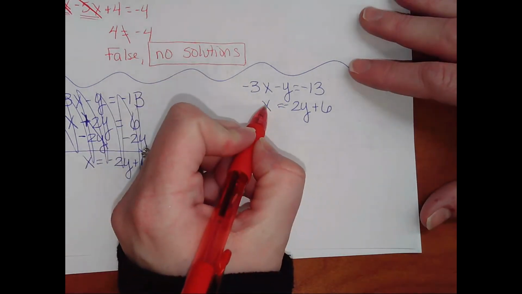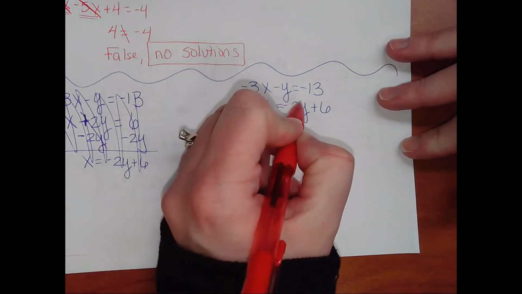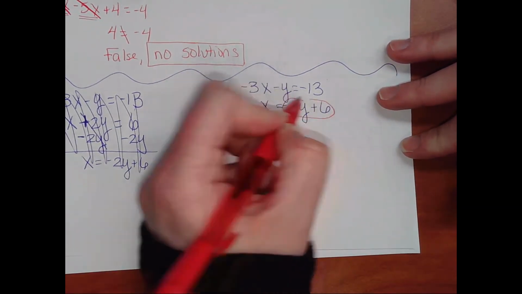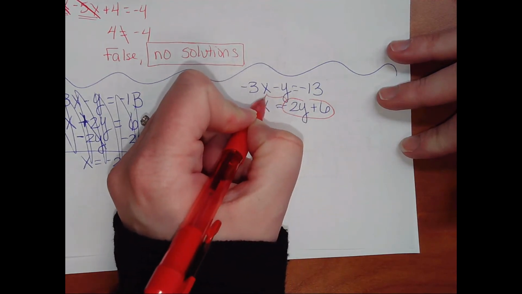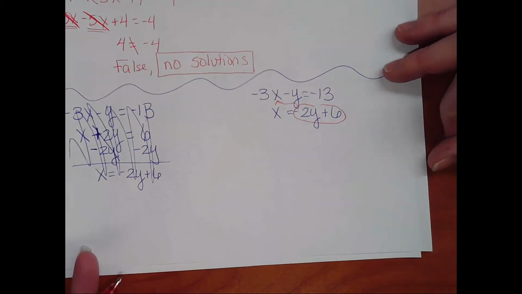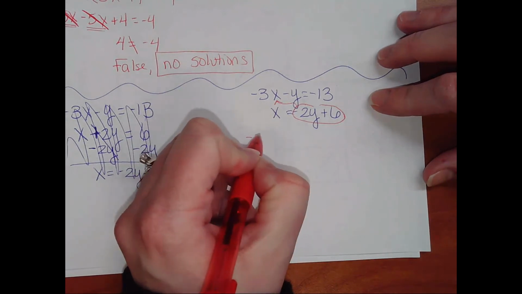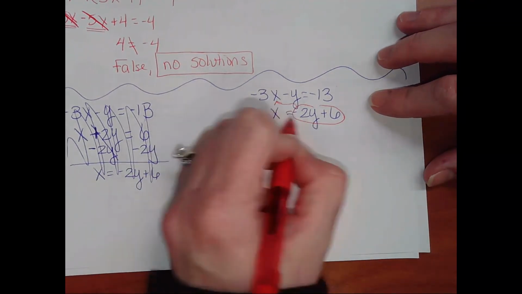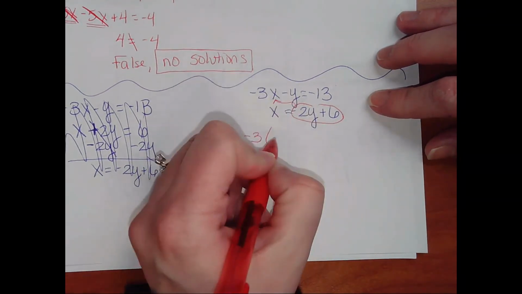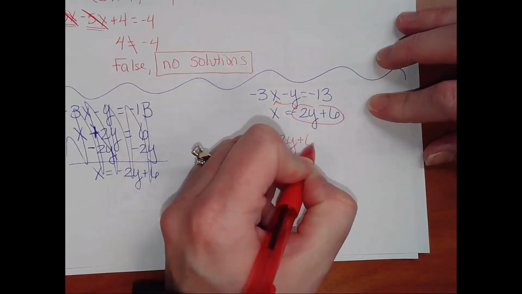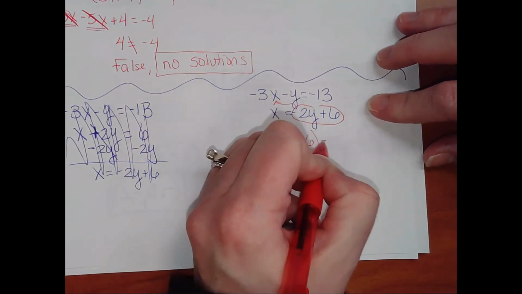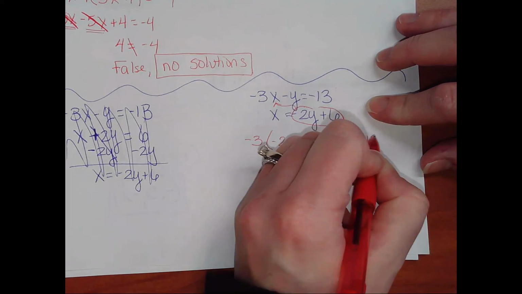So because this says x equals, I'm going to take this negative 2y plus 6 and substitute it in for x. So I have negative 3 parentheses, take the x out, put the negative 2y plus 6 in, rewrite the rest of it, minus y equals negative 13.